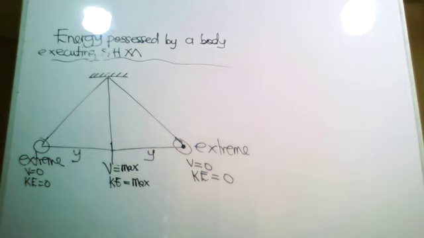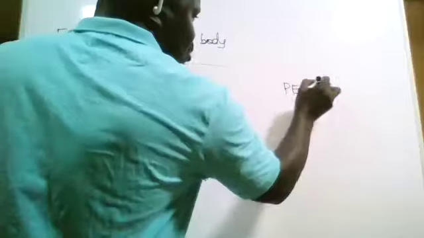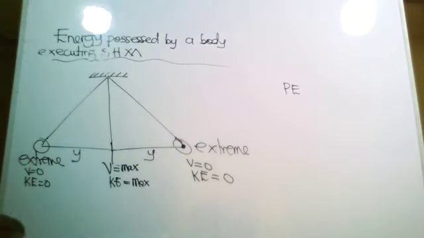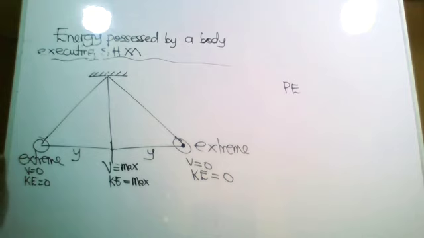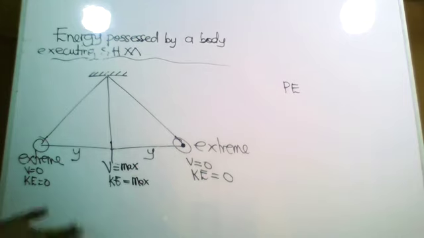If PE is by virtue of the displacement, the potential energy possessed by the body is by virtue of its displacement. Where would potential energy be maximum and where will it be minimum? Sir, please, can you repeat again? If potential energy possessed is by virtue of the body's displacement, where will it be maximum? Where will it be minimum?